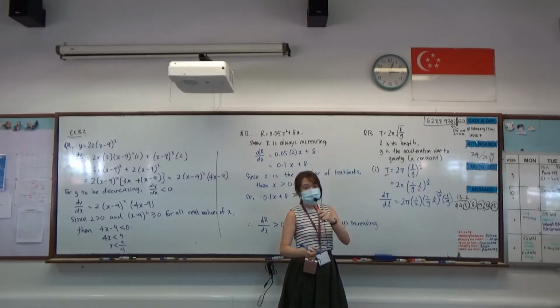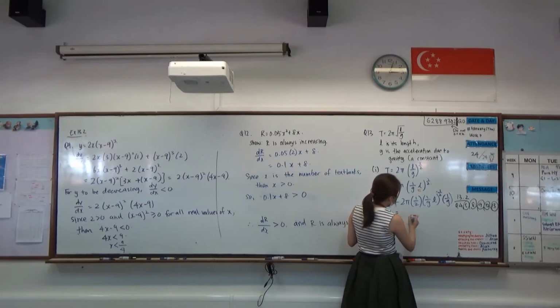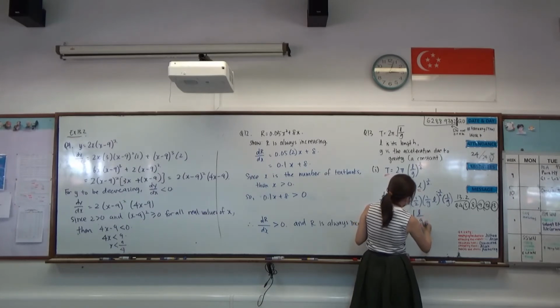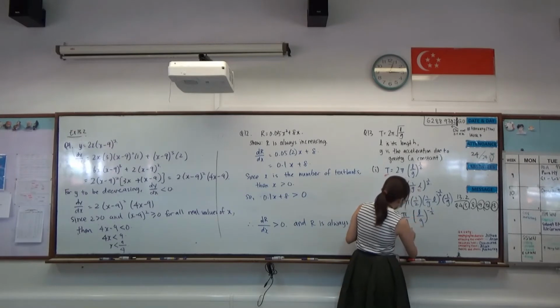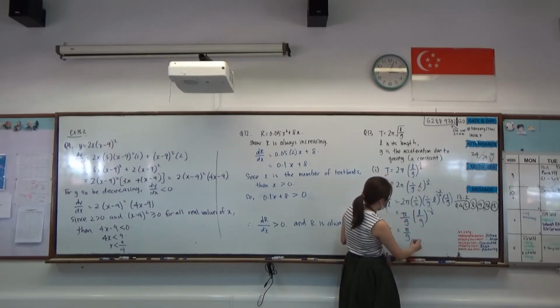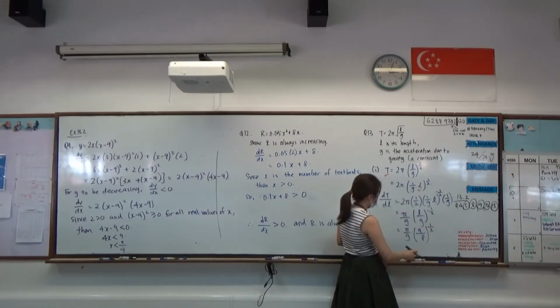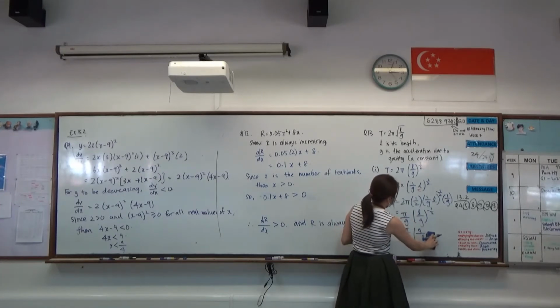You understand? Okay. Then simplify, we have pi and pi over g, and then (L over g) to the power negative half. So that is pi over g, (g over L) to the half. So that's like a square root.